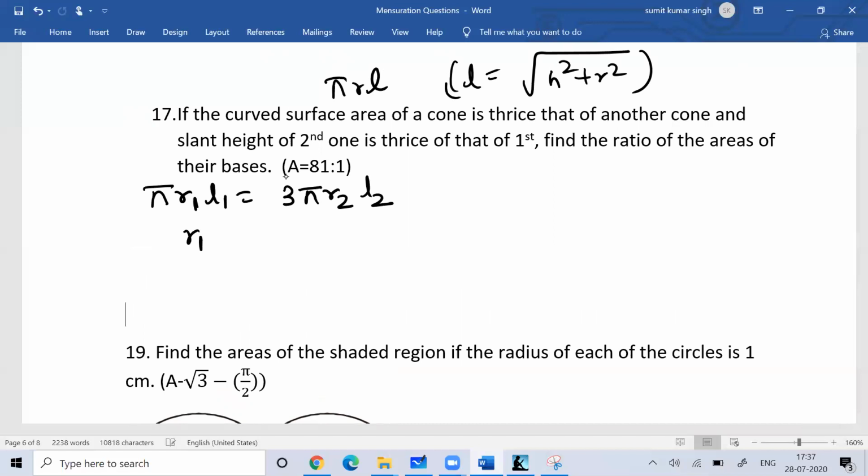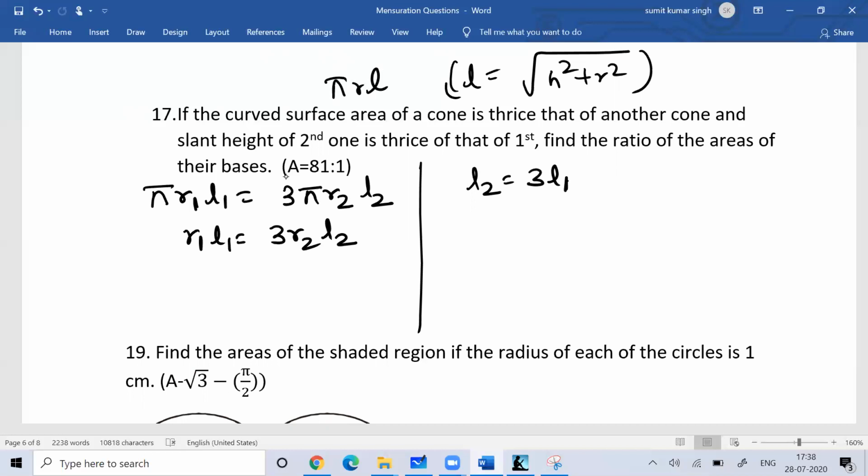I can write R1 L1 is equal to 3 times R2 L2, and then they have mentioned that the slant height of the second cone, meaning L2, is thrice of the first cone. So L2 is equal to 3 times L1.